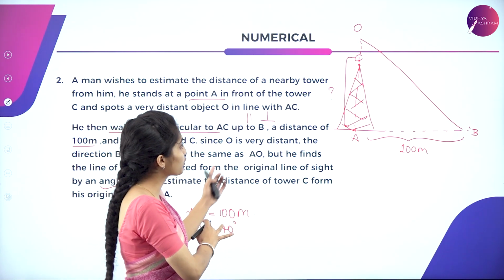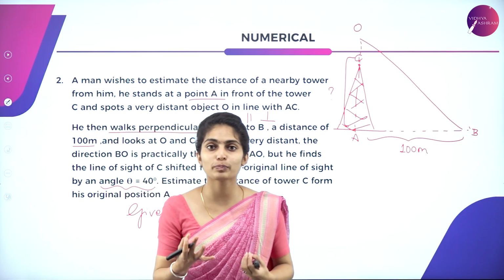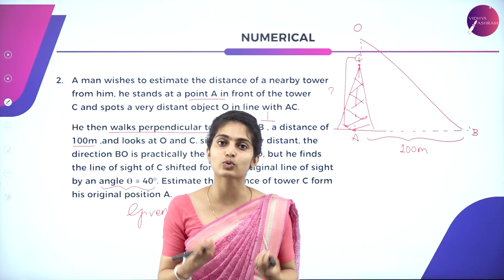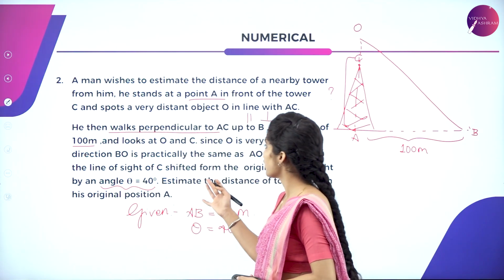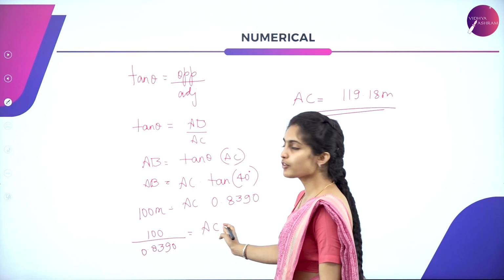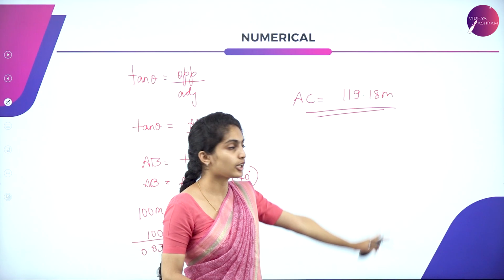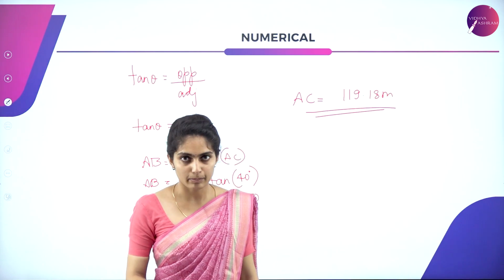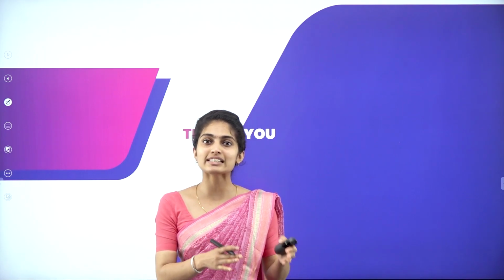Having these, you will have to find out the slope, since the method to identify slope is by using the formula tan theta is equal to opposite by adjacent. By using that, you have got the distance of AC, that is the length, given in meters, 119.18 meters.